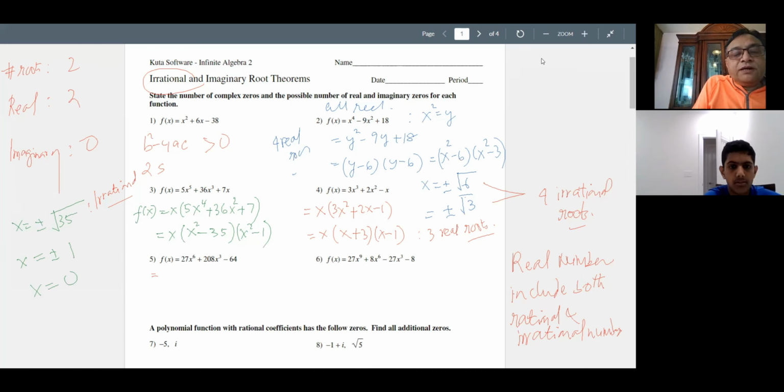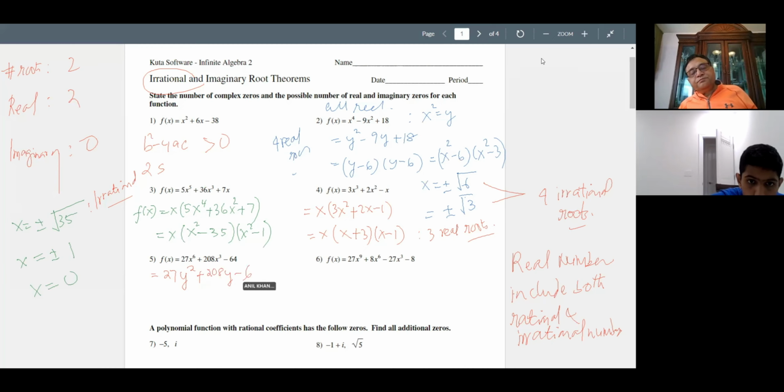So we could write this as 27 y squared plus 208y minus 64, where y is x cubed, correct?